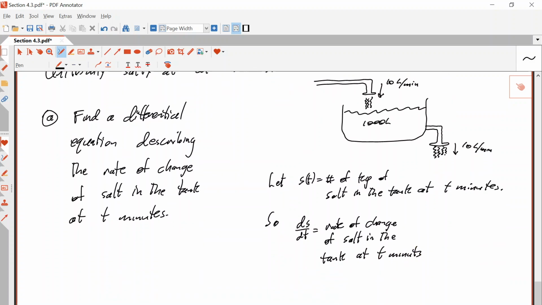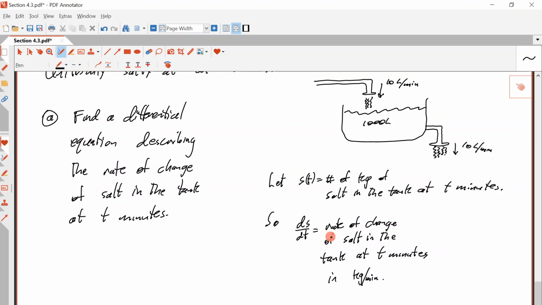And what are the units? T is in minutes, S is in kilograms. So this is in kilograms per minute.